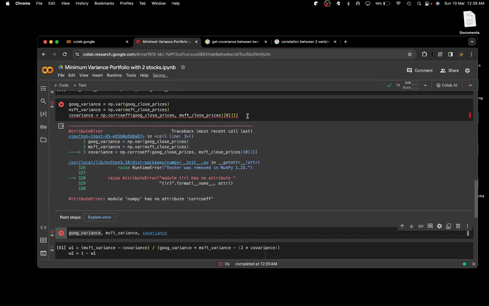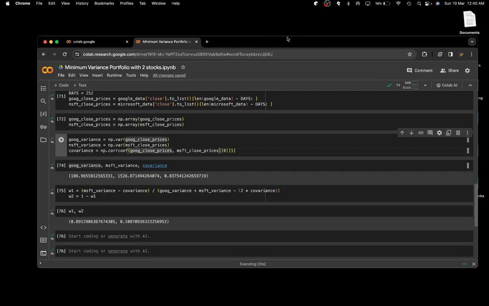So if I do Google and MSFT now, the way it was intended to be, yeah, alright. Okay, so I think we needed to get the correlation coefficient, not the covariance. Basically we need to get that scaled down, since the share prices were different and you can't really put them on the same scale, so we were getting messed up values.